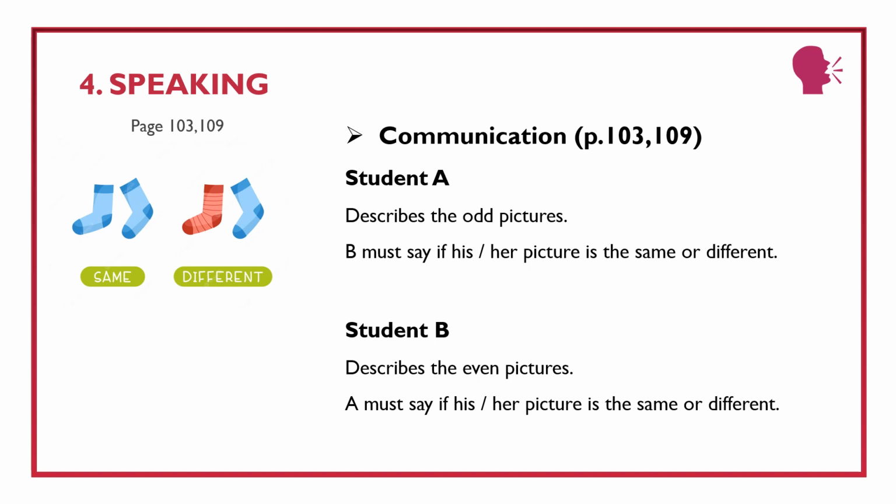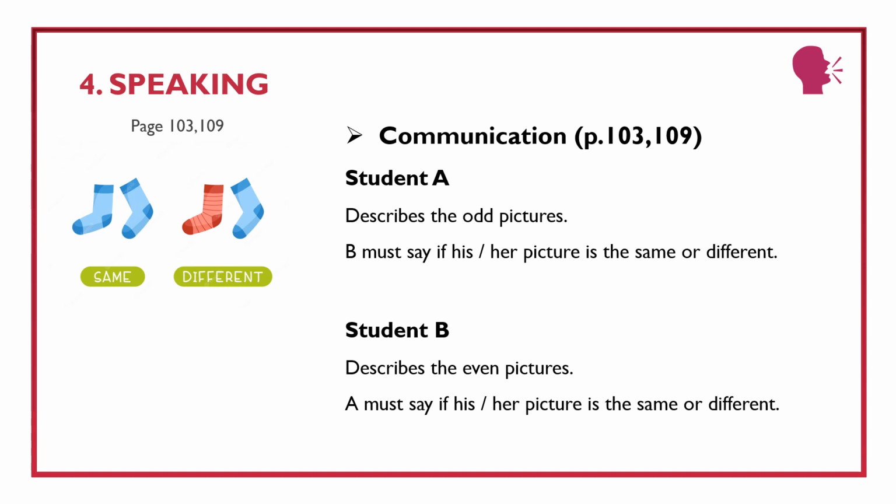Odd pictures are picture 1, picture 3, picture 5, etc. And you, as a student B, should describe the even pictures. That would be picture 2, picture 4, 6, etc. And when we describe each picture, the other person should say if it is the same or different.